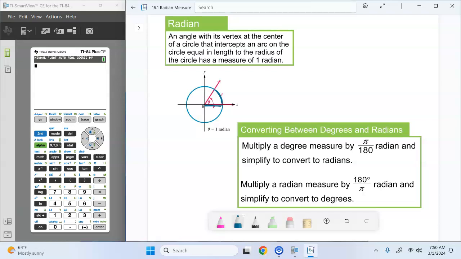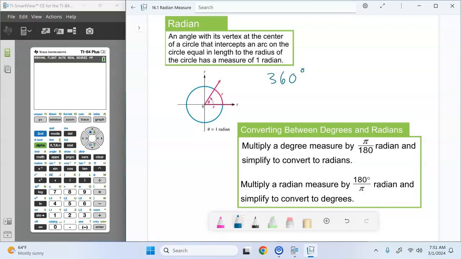Real quick, before we get into that ratio, if I do a full circle, how many degrees is that? 360 degrees, okay? 360 degrees is 1 full rotation. Anyone who took trig, can you tell me how far around a circle is in radians?